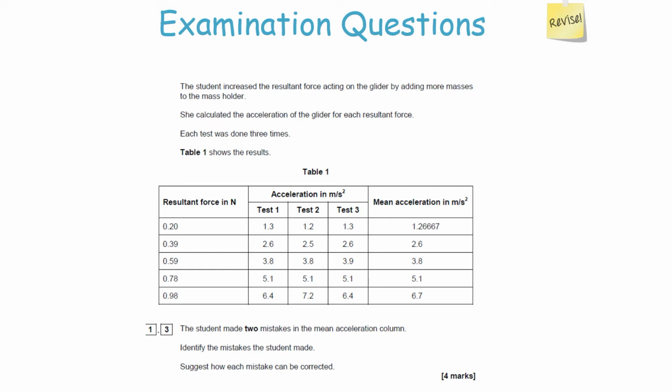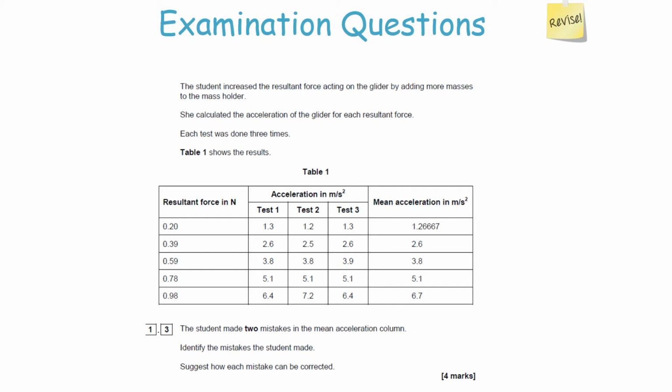Right, so when you look at this question, there are a few things that stand out. Firstly, you're going to have to look at the calculation of mean acceleration from the 3 tests, and secondly, you should look at the number of decimal places or significant figures in each column. So the first mistake you can see is that the mean acceleration when the resultant force is 0.20 has a lot of decimal places or significant figures, much more than the other rows.